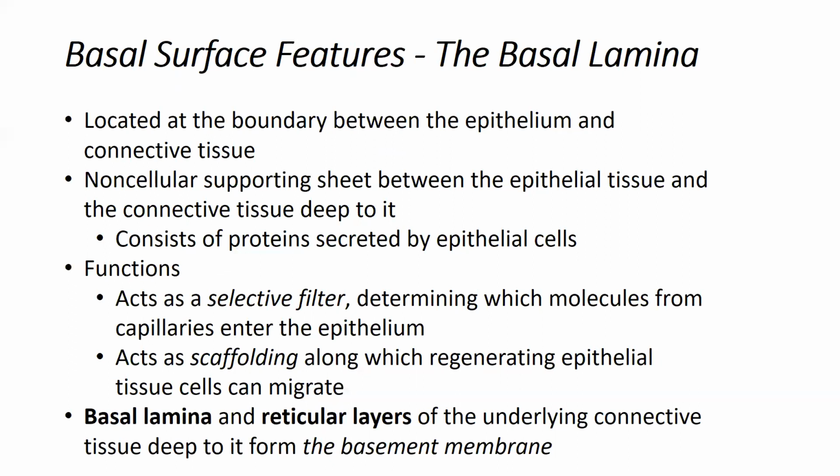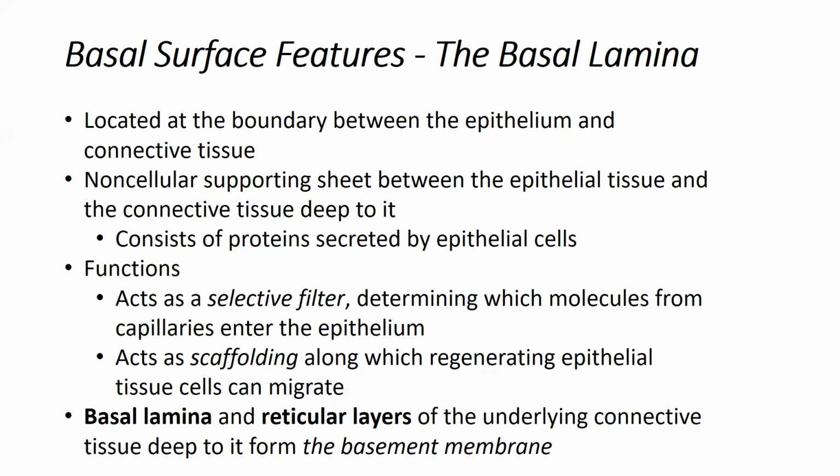And again, if you damage epithelia and you damage the basal lamina, you essentially damage that tissue permanently. You cannot regenerate new epithelial cells. There are some microbes that actually damage the basal lamina of tissues, and so we lose the integrity of the tissue. We cannot regenerate new tissue.